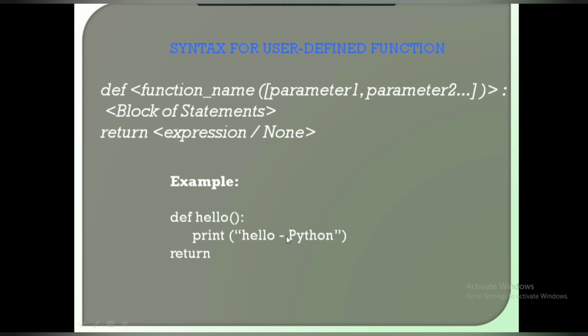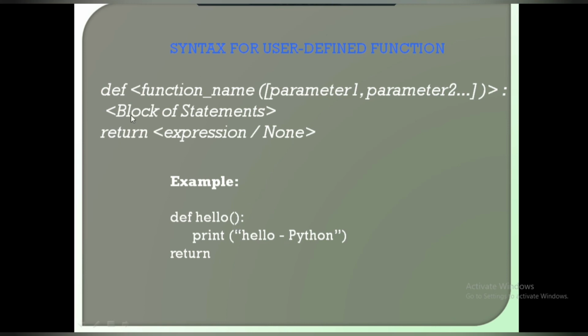And then we just write a return statement. This return statement is used to return the control to the calling function. Here the print statement is indented within this function, because the statement is inside of this hello function. For that only we indent this print statement. Is it clear?